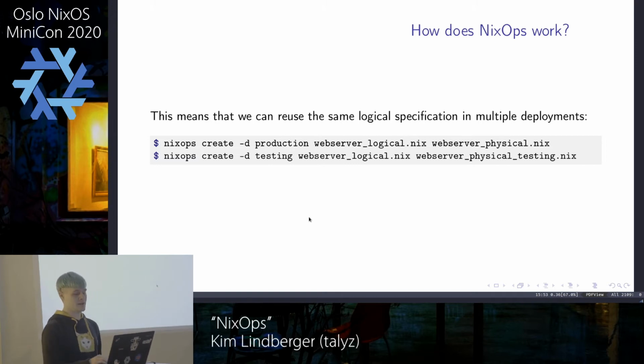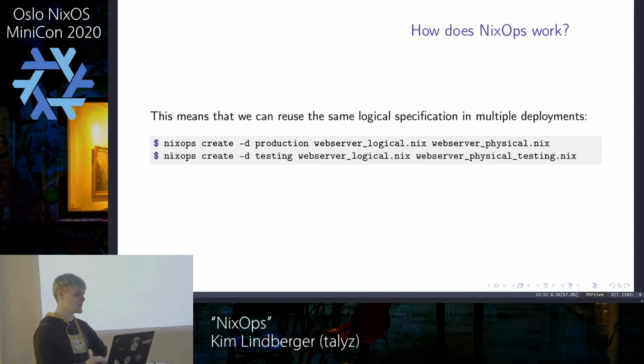And yeah, this means that we can actually reuse the logical specification in multiple deployments. So, for example, we can create a production deployment, and that has our logical specification here and the physical specification that we want to use for, say, Amazon AWS or something like that.